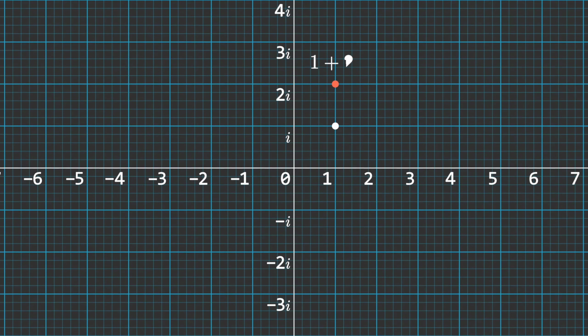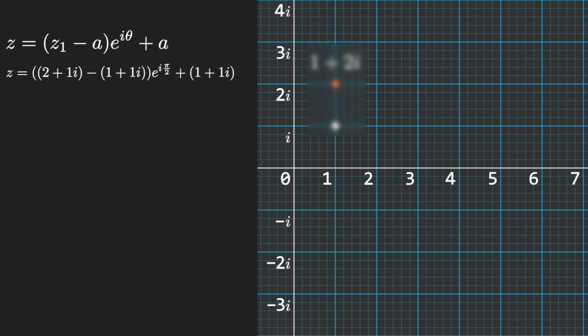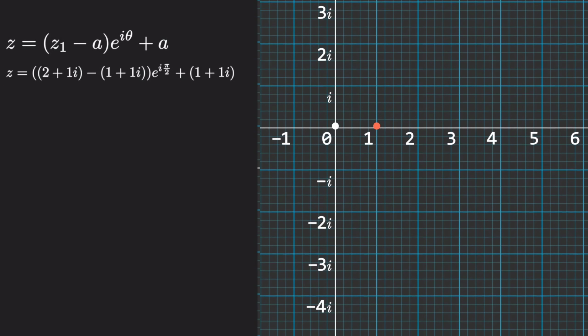Now we see it mathematically. Put the value of Z1 as 2 plus i and a as 1 plus i. Subtracting 1 plus i means we are shifting the origin to 1 plus i.